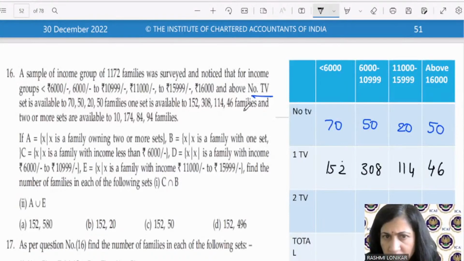And 2 or more sets: 10, 174, 84, and 94.